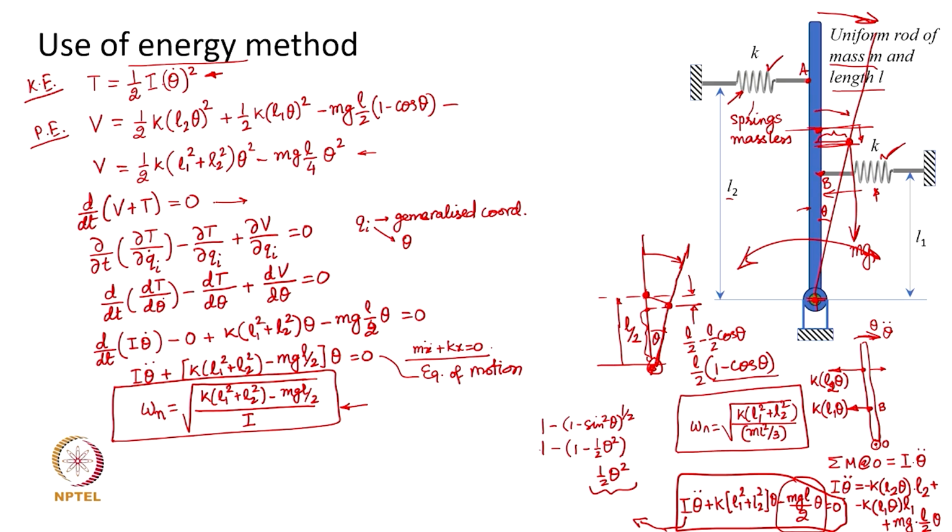Maybe if you want to use the second approach of d/dt of (V plus T) equal to 0, I can take the derivative of all of them.